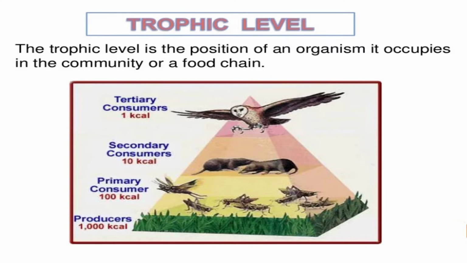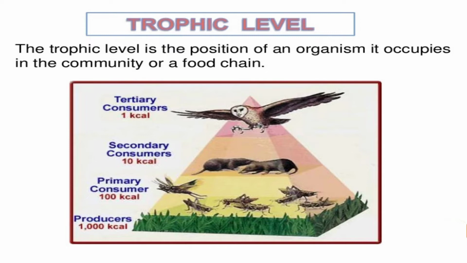For example, number one, the number of species tends to decline successively from the base of the trophic level to the top of the trophic level.